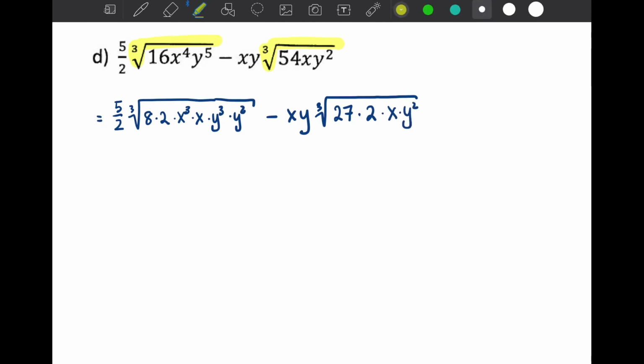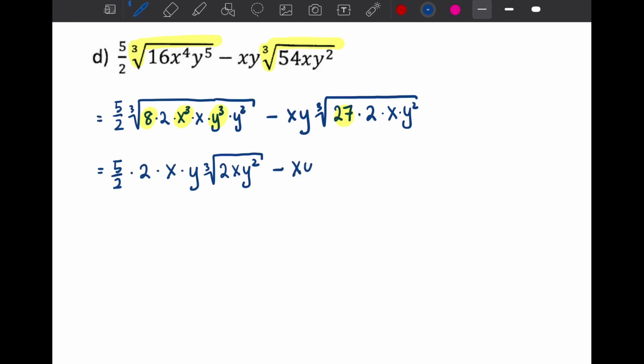Let's highlight the perfect cubes. We have 8, x cubed, y cubed, 27. That's it. So let's take them out. 5 over 2 times 2 times x times y, and open the cube root, we're left with 2xy squared, minus x times y times 3, open the cube root, 2xy squared left.